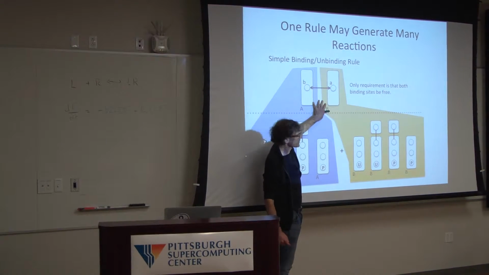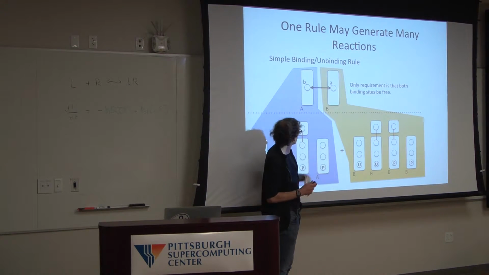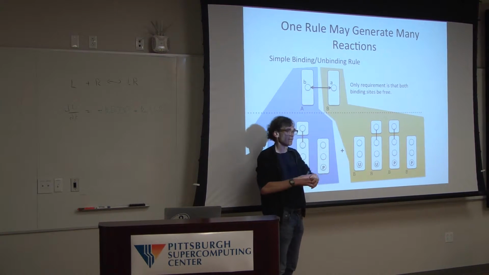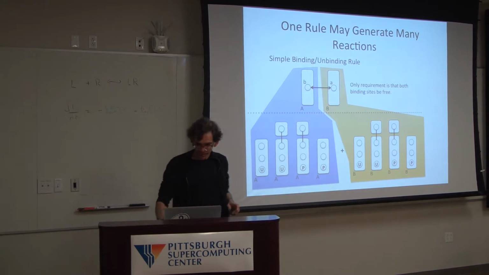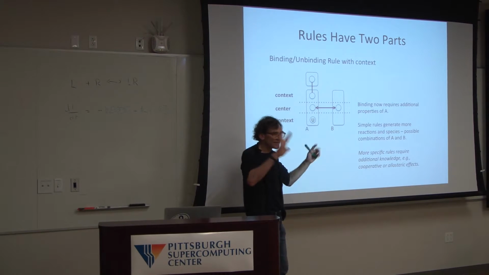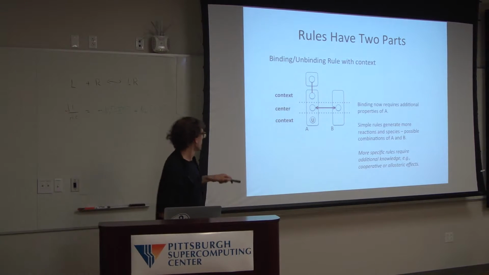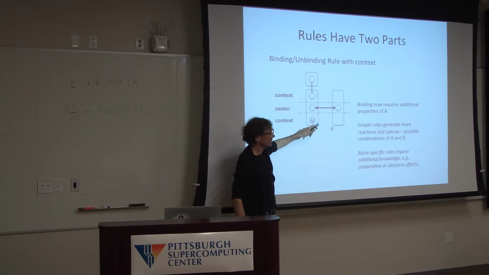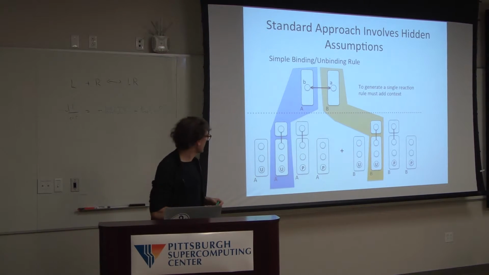Because there are no other restrictions, this is the most general rule for this kind of event. It's going to generate the maximal number of possible reactions between A and B. If I put additional restrictions on by putting more context, then some possibilities are going to be excluded. I'm not going to select A molecules that are phosphorylated here, and so those are eliminated from my set, so I'm going to have fewer reactions.